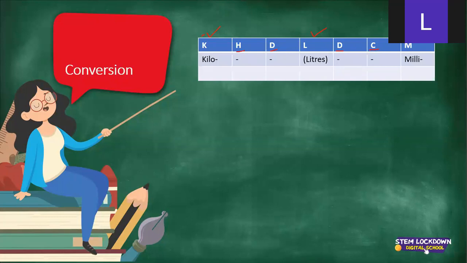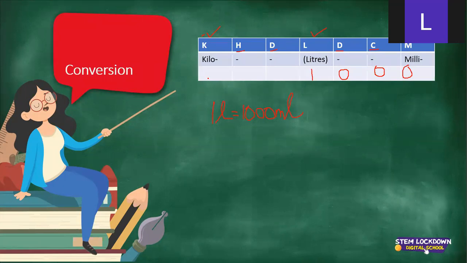Let's say you've forgotten how to convert between liters and milliliters. All you do is draw the table, and by L for liters, write your 1, and then add zeros till you reach your M for milliliters. So your conversion between liters and milliliters will be 1000 milliliters. Okay, let's do another one.